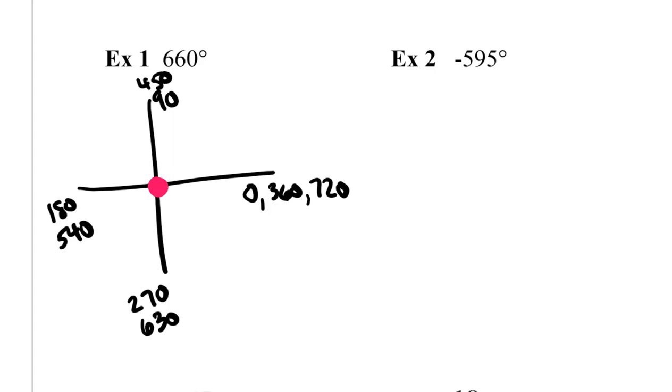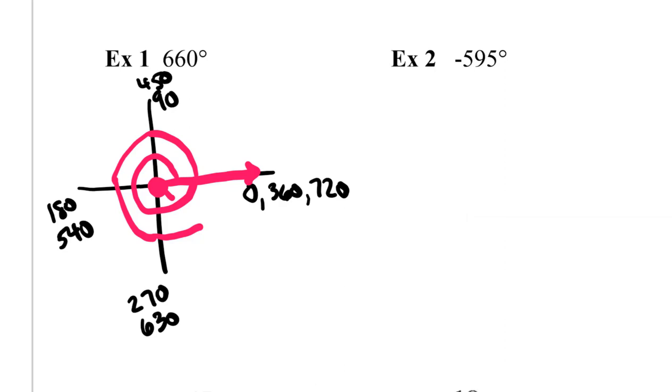Again, the initial side is always going to start from the origin. The ray is going to extend out towards 0, 360, 720, and so on. When we draw it, we start kind of close to the origin and go around. That would be 360 right there. But I had to keep going to 450, to 540, to 630, and then somewhere in between. It doesn't really matter where. As long as you get it in the right quadrant, you're good, because a sketch is a rough draft.